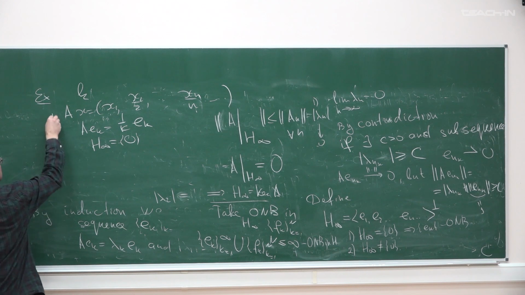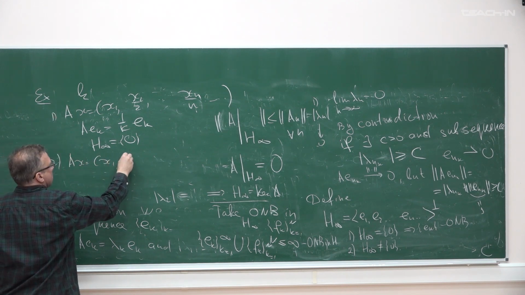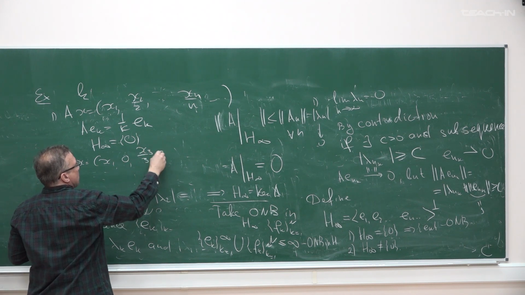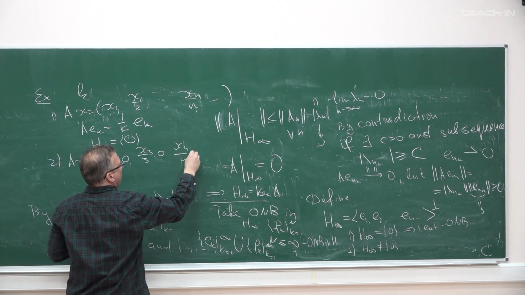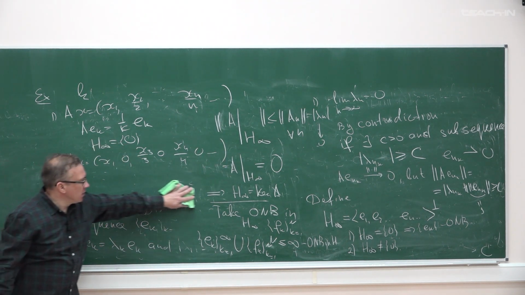And second, consider A x equals (x1, 0, x3/3, 0, x5/5, 0, ...). How can you describe H infinity in this situation?